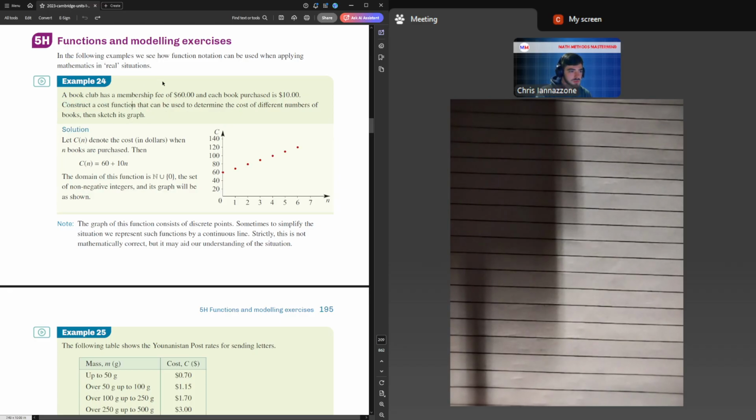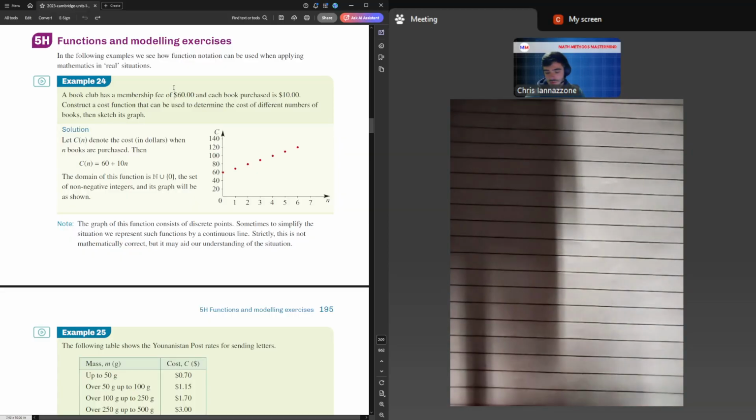In this case, we're looking for a cost function, and it's going to be used to determine the cost of different numbers of books. So that key sentence is essentially telling us that the x-axis is going to be in terms of the number of books that are associated with it. So, the way it works. The fixed fee, or the fixed amount in any scenario, is going to be your plus c value.